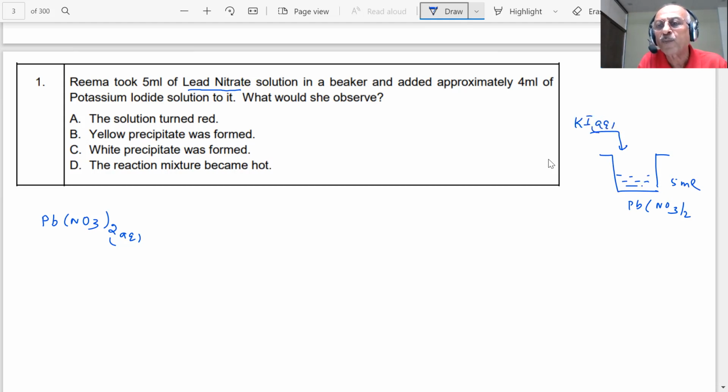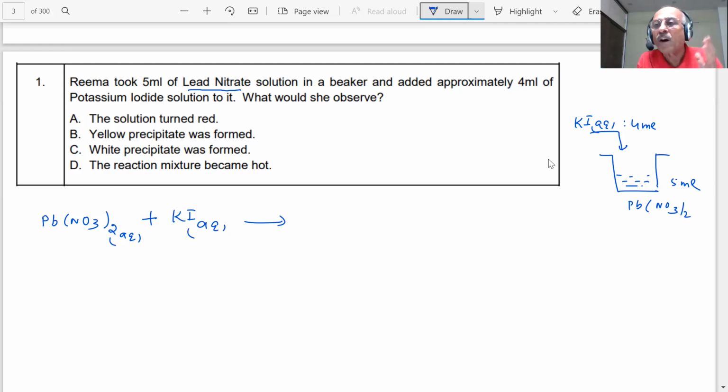Again, I'm saying aqueous because it is a solution. This is 5 milliliter, you are adding 4 milliliter. Now, students, let me write the reaction.